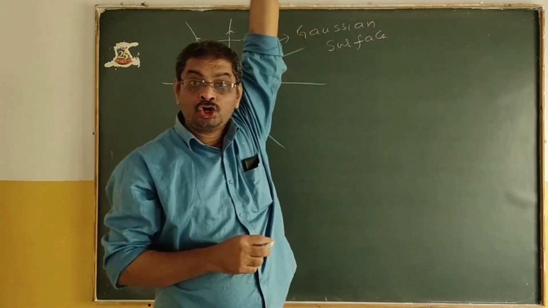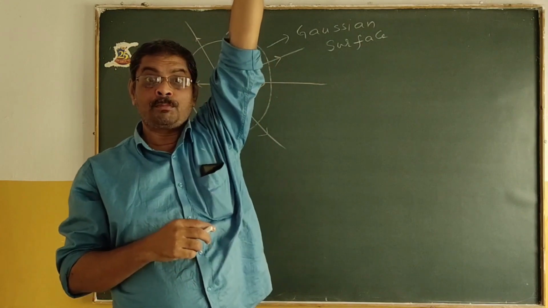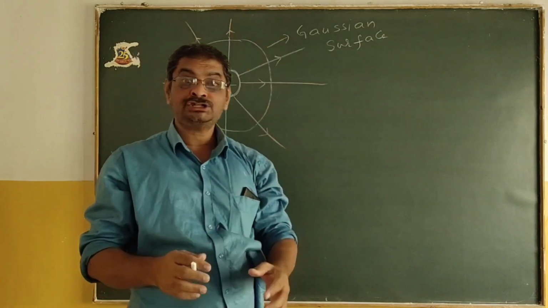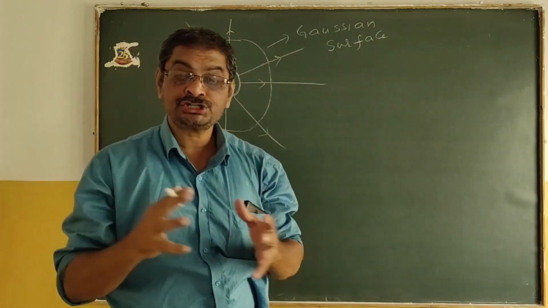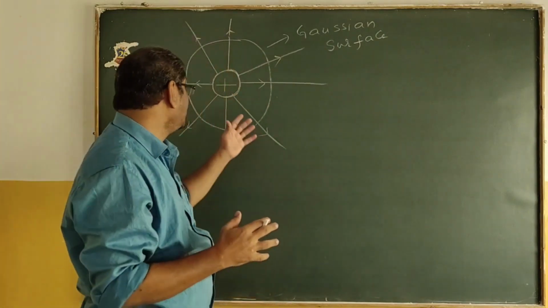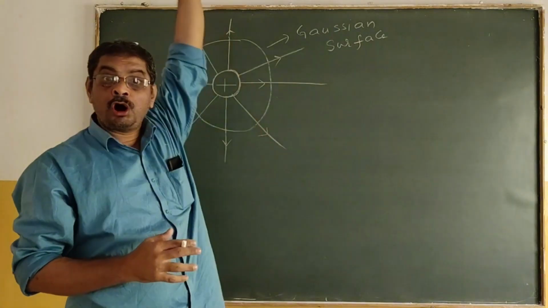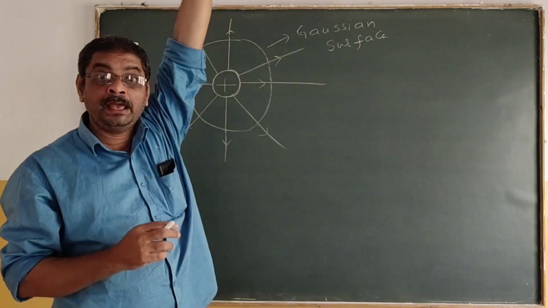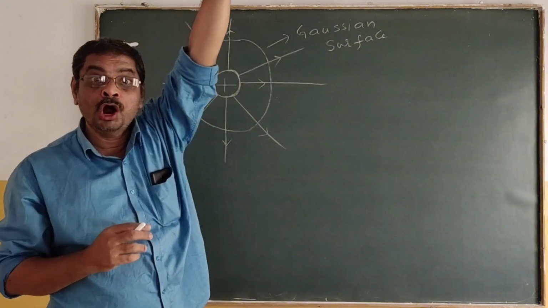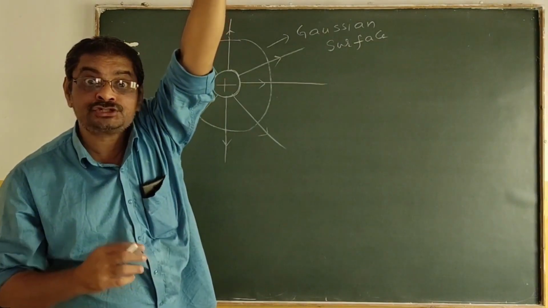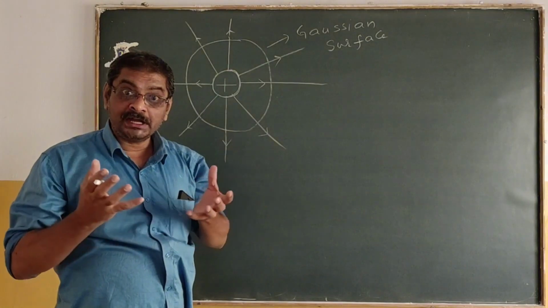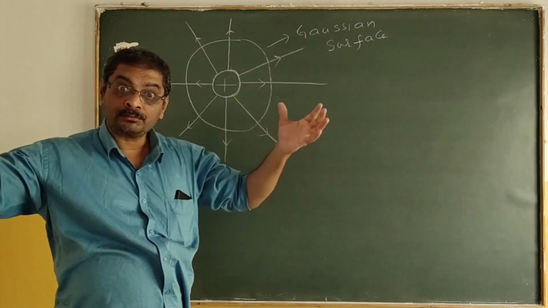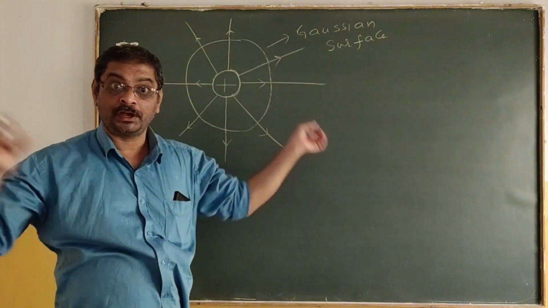Due to the positive charge, all the lines of force will be radially outwards, or we can also say the lines of force will be diverging from the Gaussian surface.